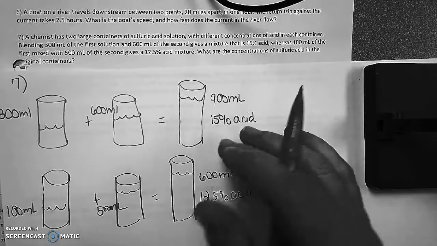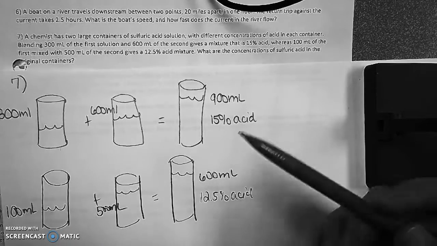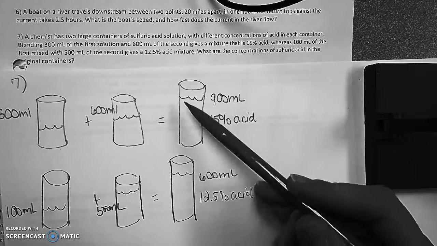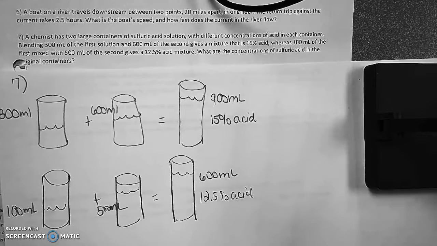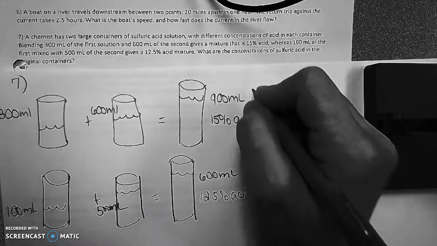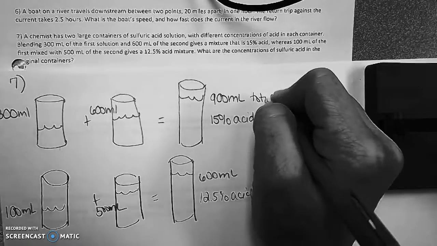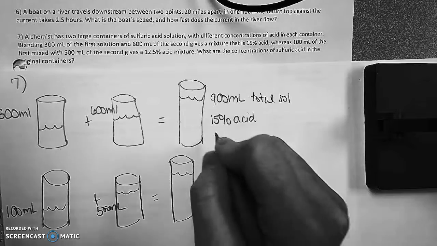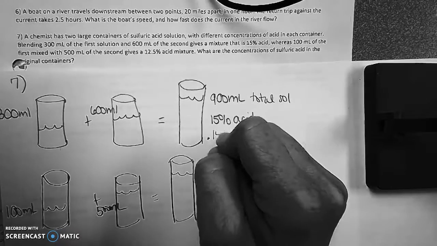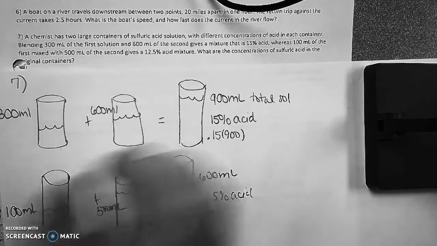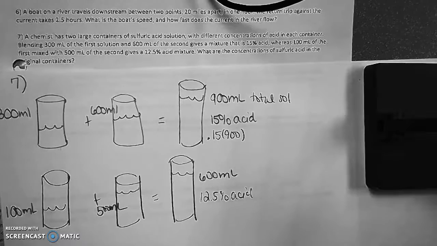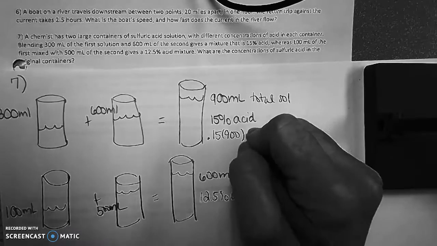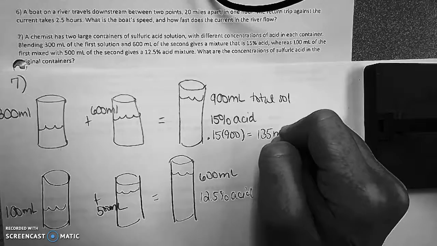Now again, if you were to look at this container, you're not going to see the acid right there and everything else here, but I'm going to demonstrate that in just a second. So again, 100% is the total solution. 15% acid, so we can actually calculate how much acid would be in this container. So 135 milliliters.